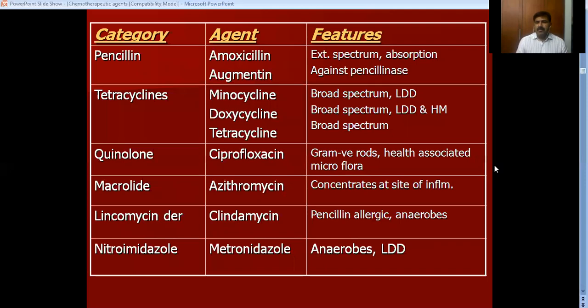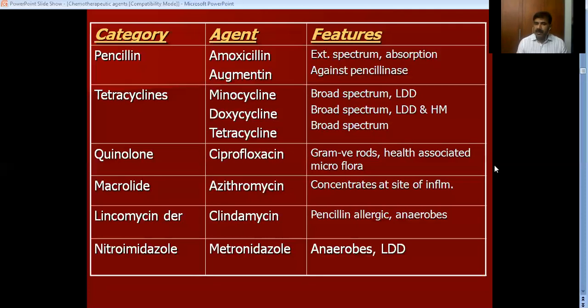In pharmacology, you would have come across all these agents. All these agents have to be discussed in detail, but I'm just rushing through them because you have studied them in detail. You have different types of penicillin. Amoxicillin is a common penicillin. Augmentin is an antibiotic that is widely prescribed in periodontics, and the reason is that it acts against penicillinase: apart from amoxicillin, you have clavulanic acid, which acts against penicillinase.